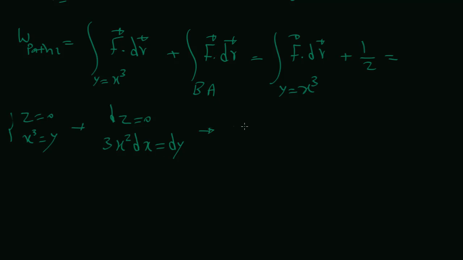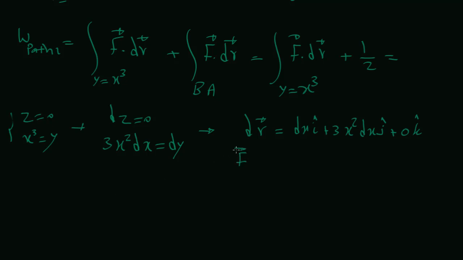So dr is dx in the i direction plus dy in the j direction, which is 3x squared dx in the j direction, plus dz in the k direction. Because z is a constant, dz is 0.